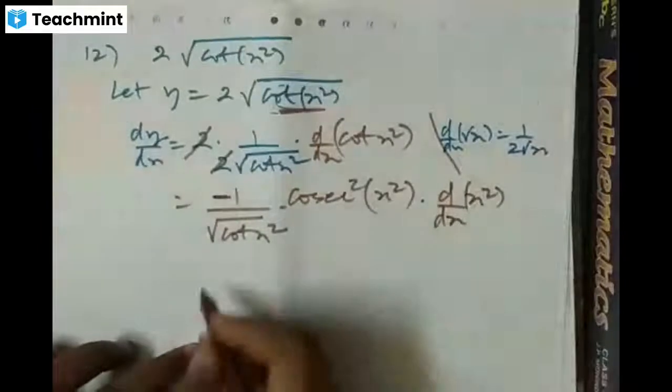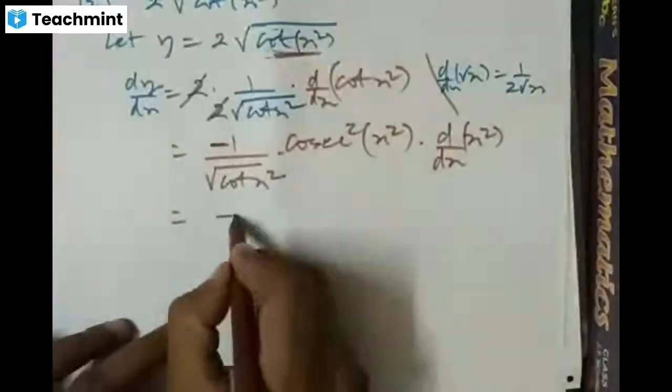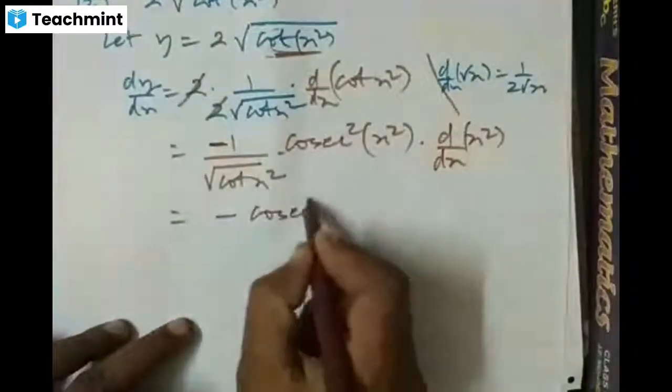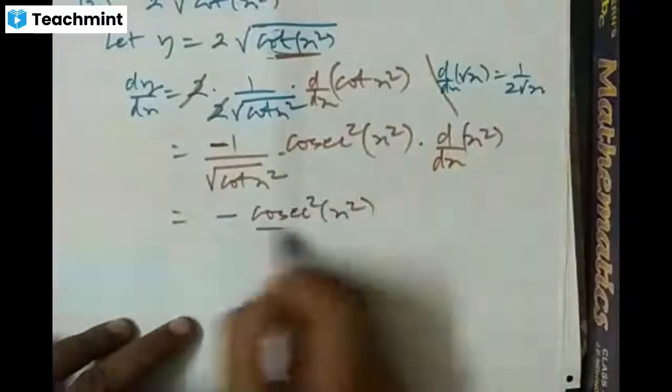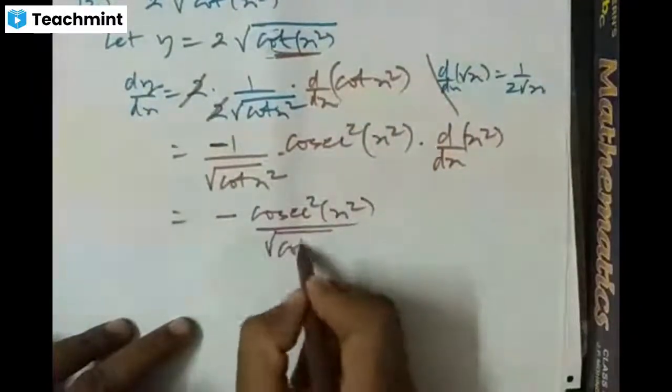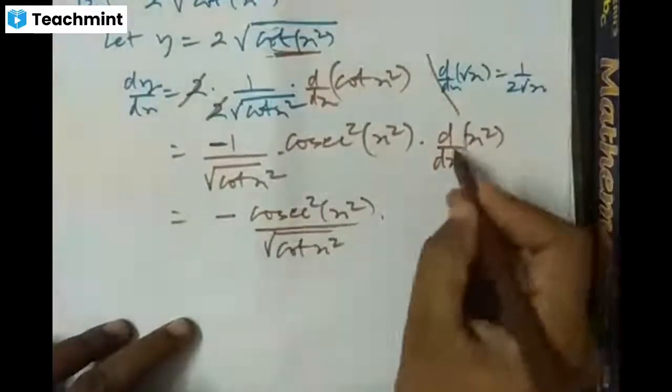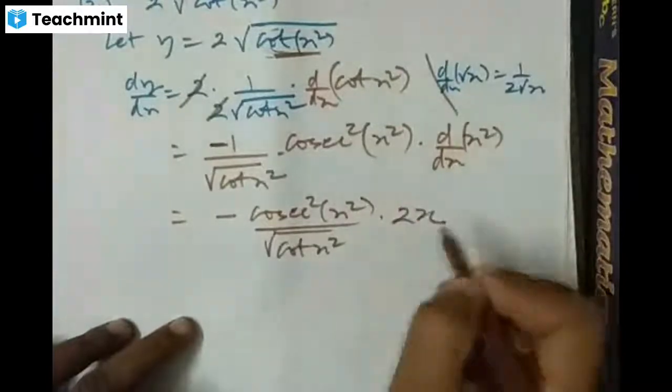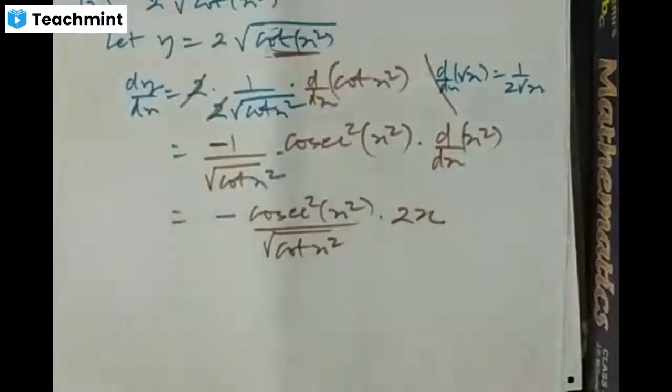Finally we get minus cosecant square of x square divided by root of cot of x square, into d by dx of x square, which is 2x. So that's the derivative of the given function.